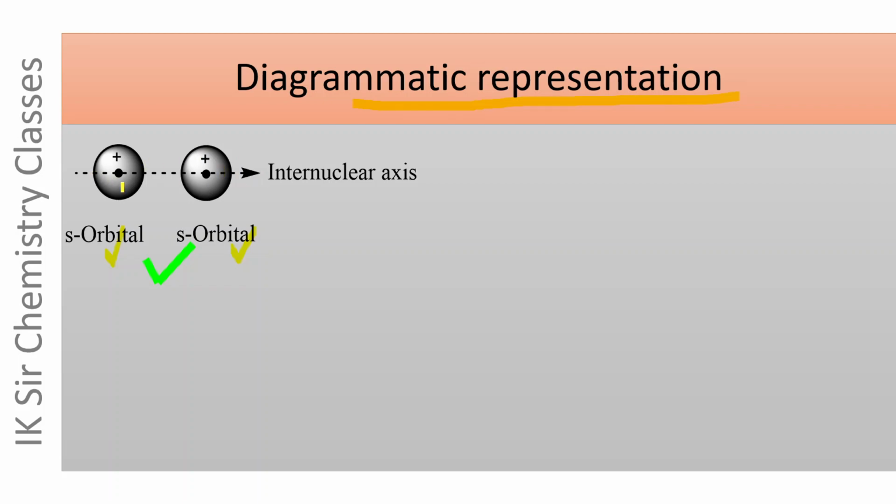If these two orbitals are rotated about the internuclear axis, the sign of the lobe of two orbitals will not change. Positive will remain positive and this positive will also remain positive after rotation about the internuclear axis, and hence these two atomic orbitals have the same symmetry property about the internuclear axis and their linear combination is possible.